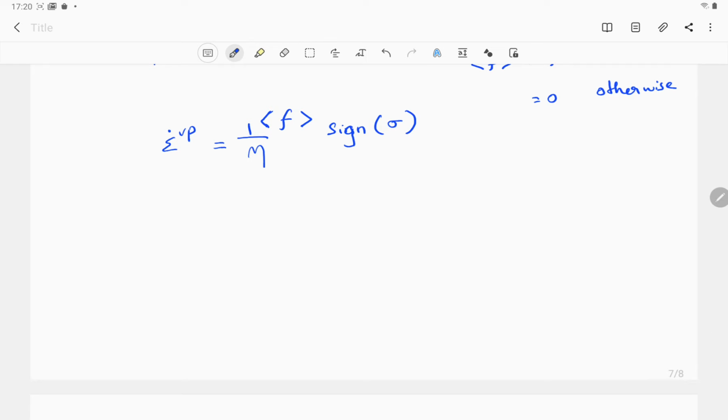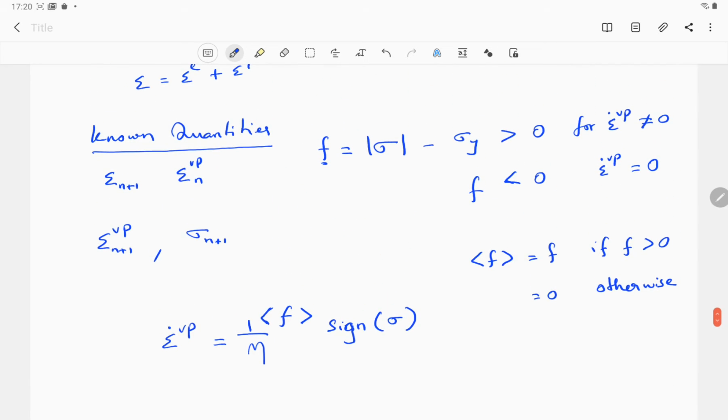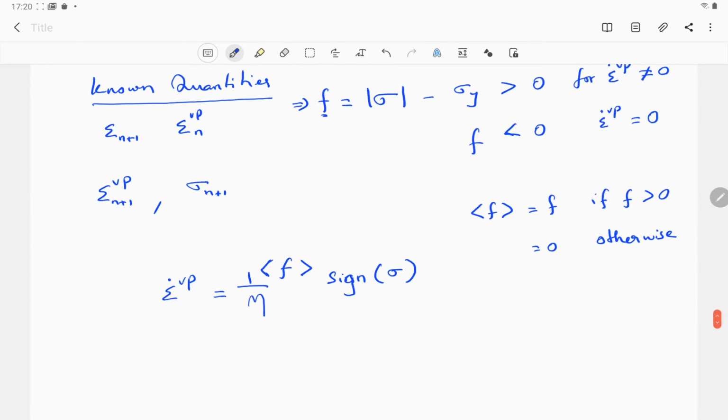Now what we are going to do is, let me get rid of this Macaulay bracket for a while, and let's say I am just considering this case, which means F is positive, and only for that I am considering.